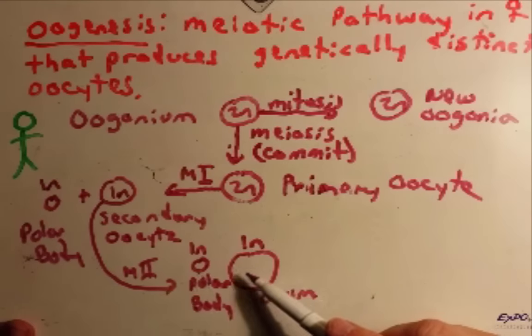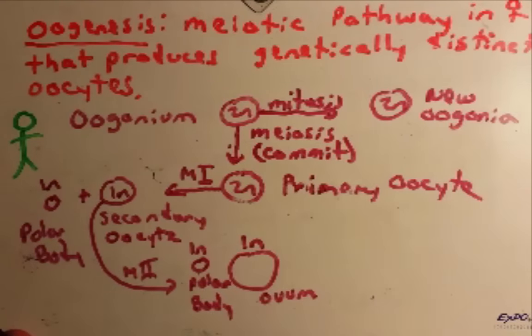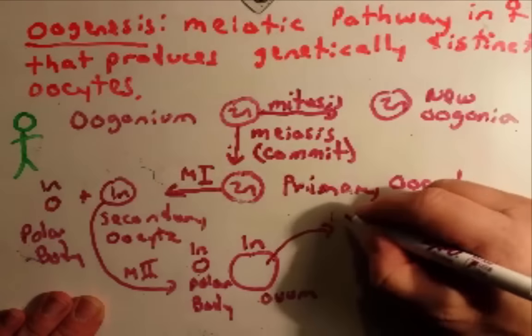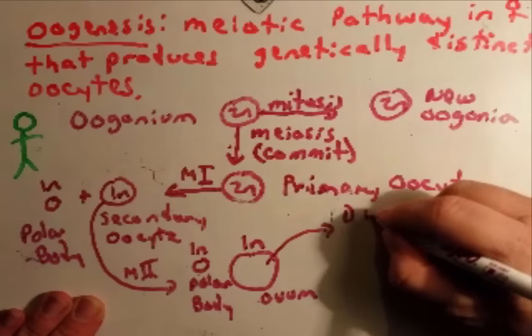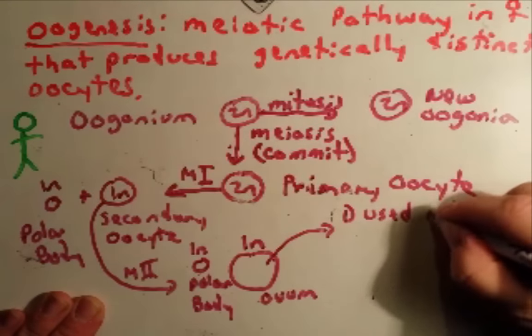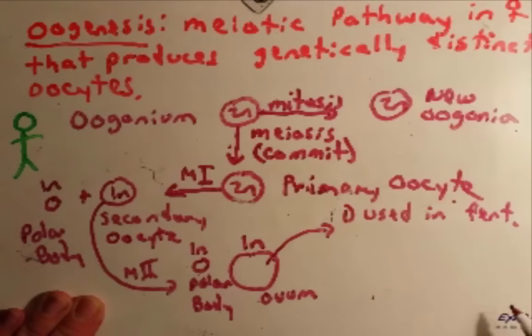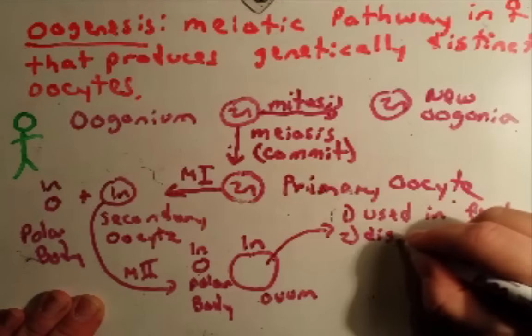It is much larger than the polar bodies and much larger than the sperm in most species. Let's say a few things about this larger cell here. One, it's used in fertilization. I'm going to abbreviate fertilization, just FERT.